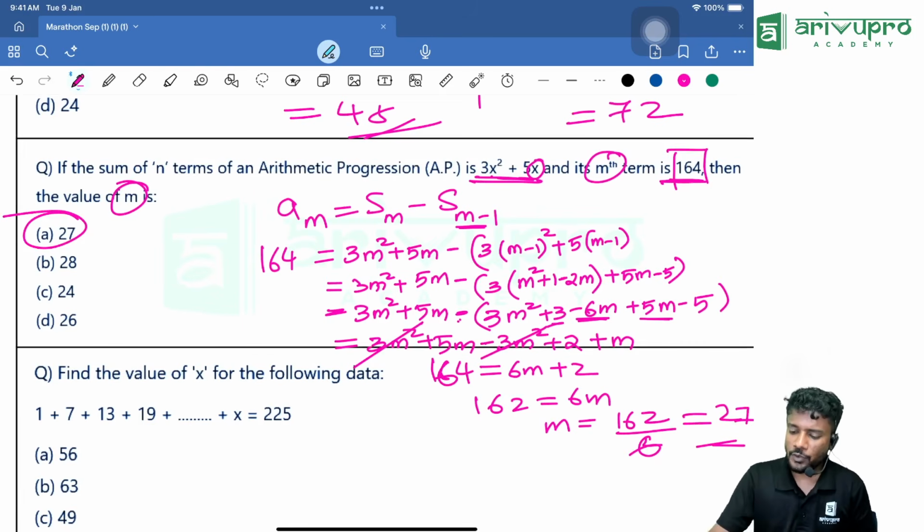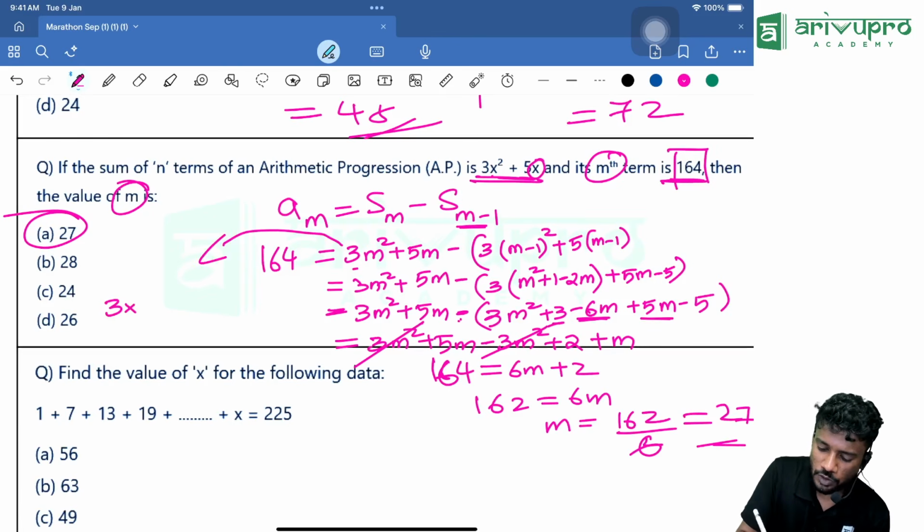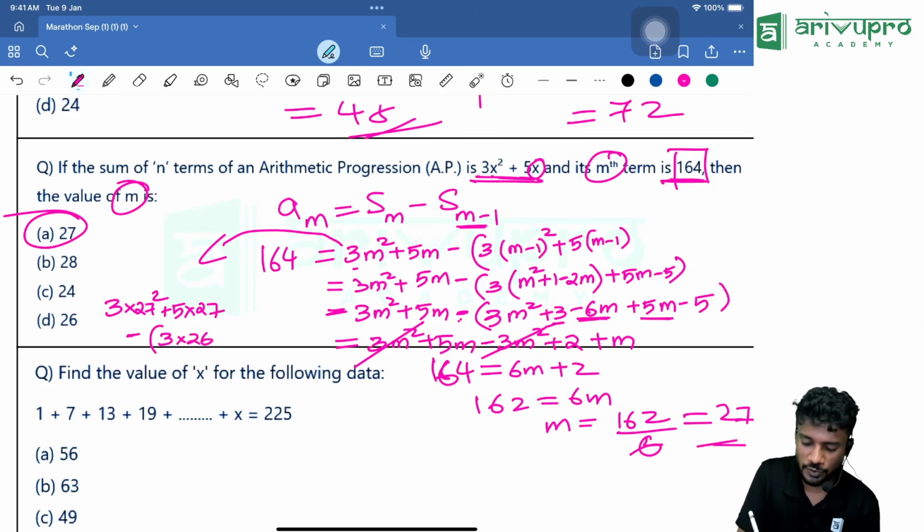Another method is you can option hit from the first step. That is the normal method. If you option hit, put 3 into 27 square plus 5 into 27, minus of 3 into 26 square, then plus 5 into 26. Why 26? M minus 1, so 27 minus 1.